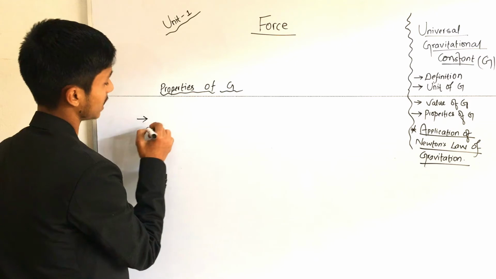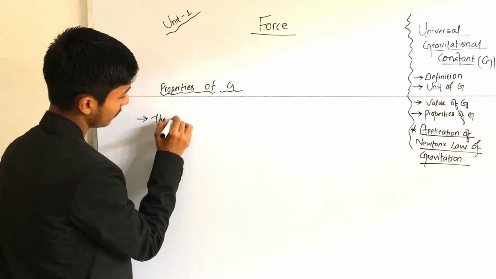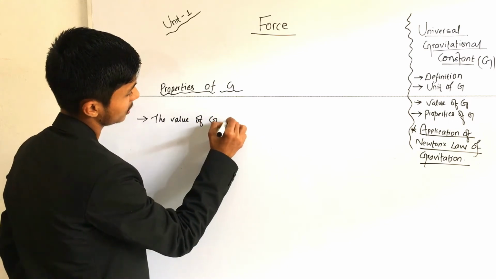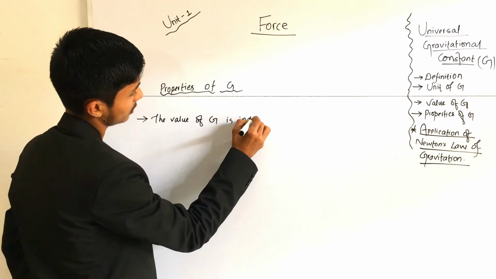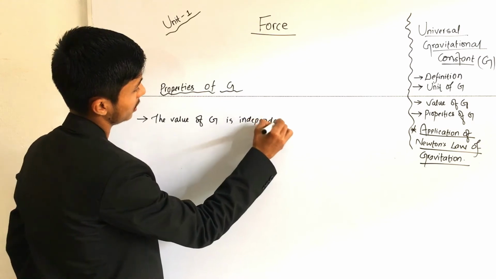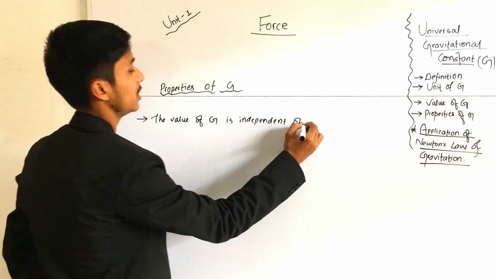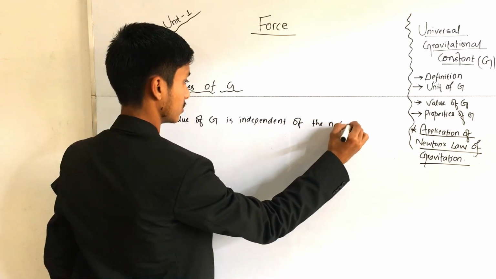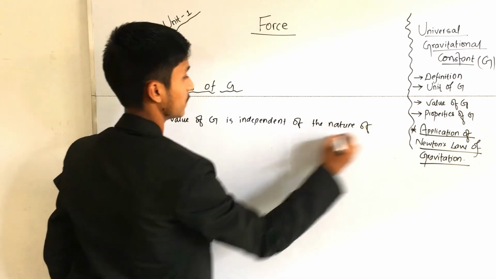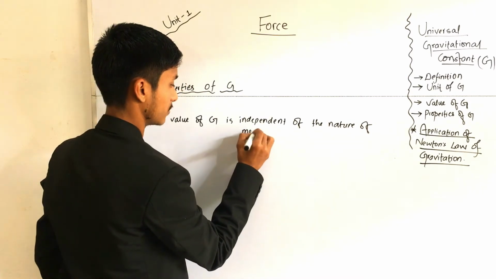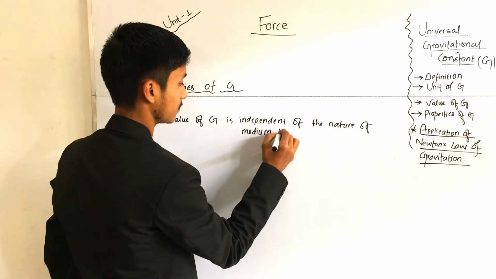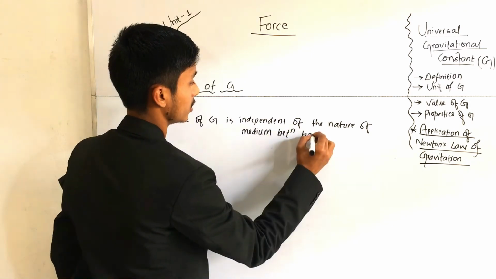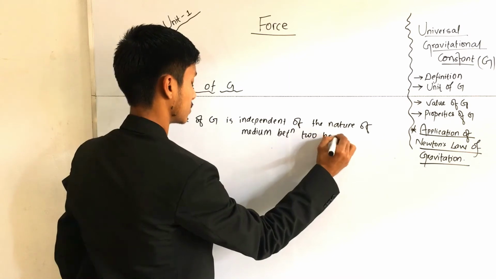So here we write: the value of this G is independent of the nature of the medium between two bodies.